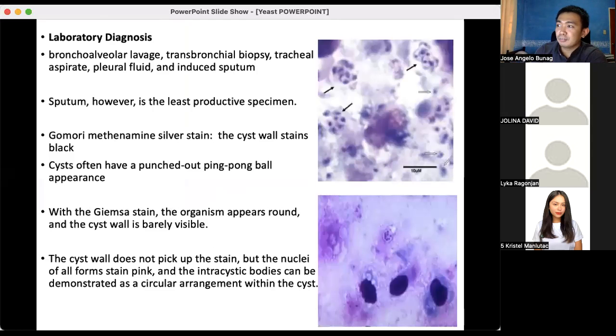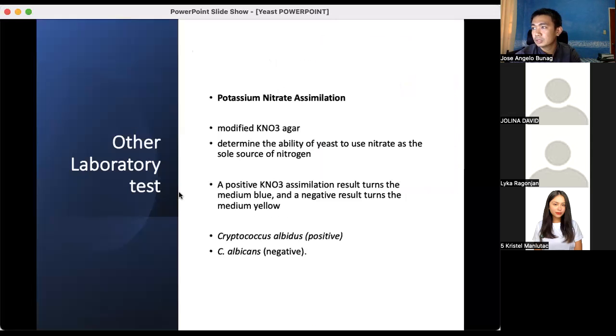So again, for laboratory diagnosis, you could use yung ating mga specimen or tissue from an open lung biopsy, your bronchoalveolar lavage, your transbronchial biopsy, your tracheal aspirate, your pleural fluid, and you could induce sputum. Basically, ang makikita po natin under microscope are the honeycomb appearance. And you could use stain, such as your Gomori methenamine silver stain, and Gram stain. Pwede din naman ng Gram stain for this. Okay.